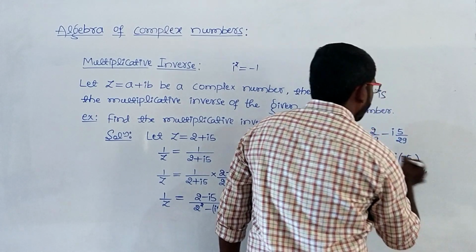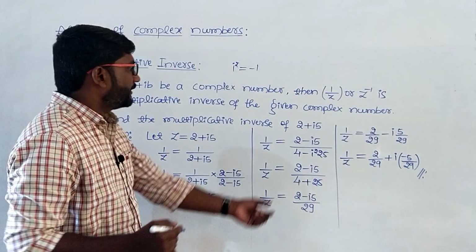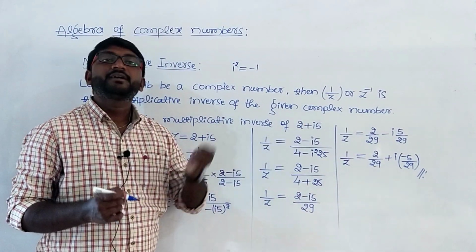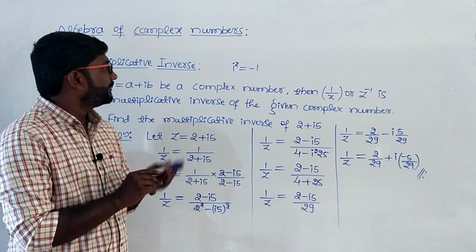This is the multiplicative inverse of the complex number 2 plus I5.